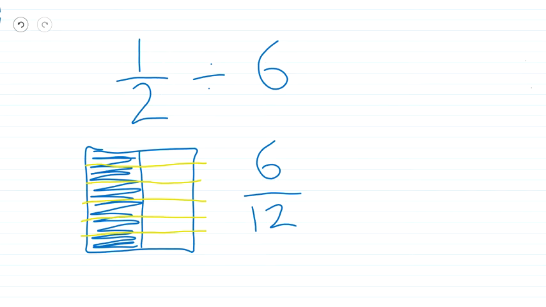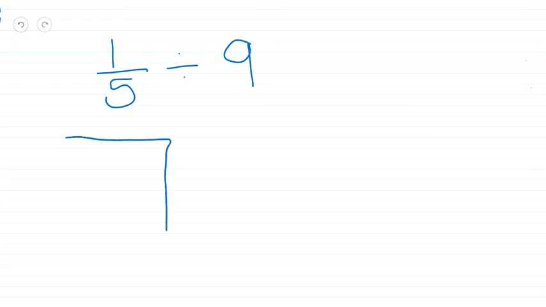So let's do one more example for the fun of it. Just one more. Let's erase that. You know, I like to do things in threes. So we can do 3 examples. In this example, we will be dividing, let's say, 1/5 divided by 9. First of all, we have to make a model representing 1/5.